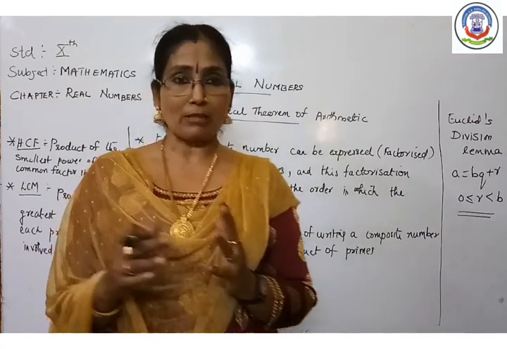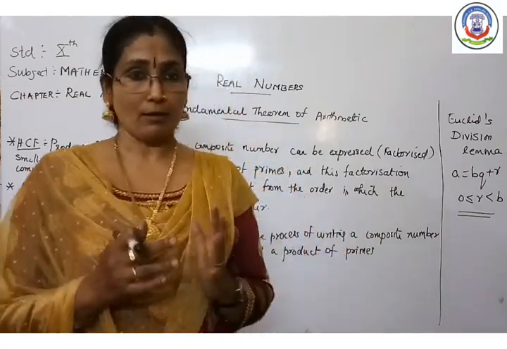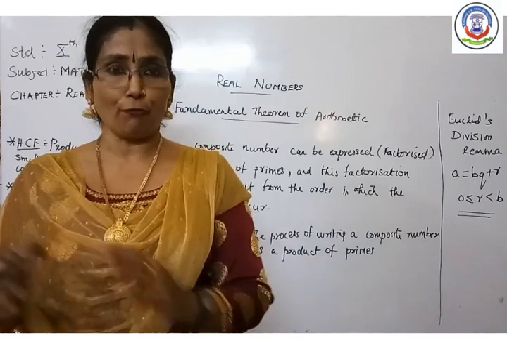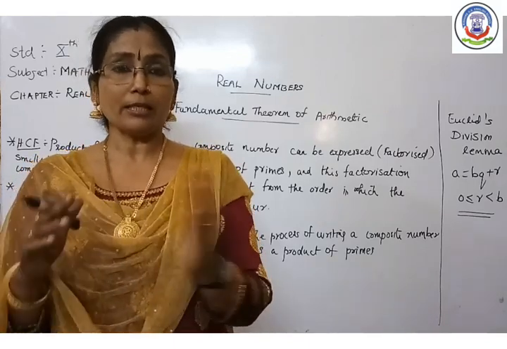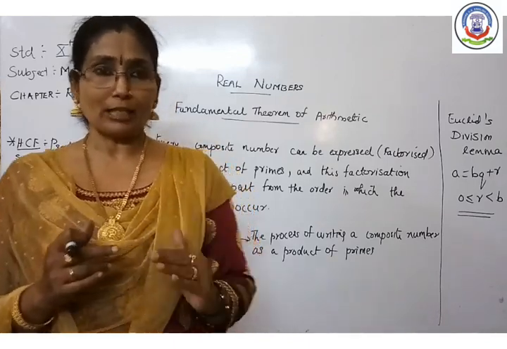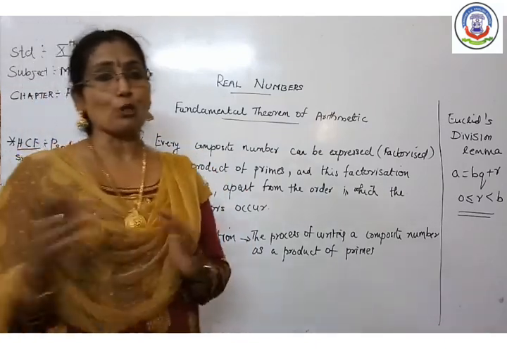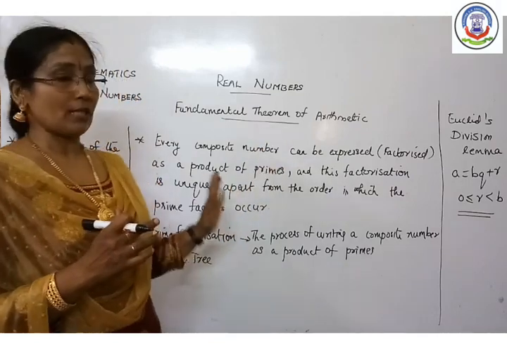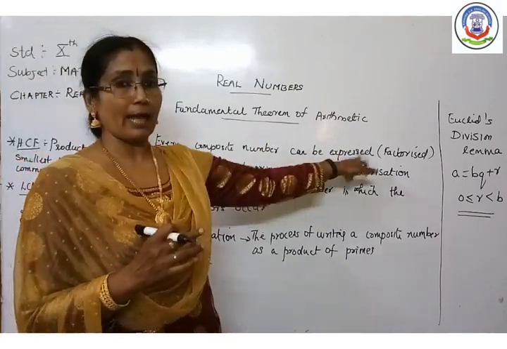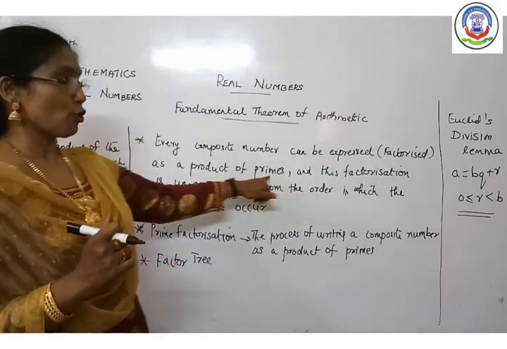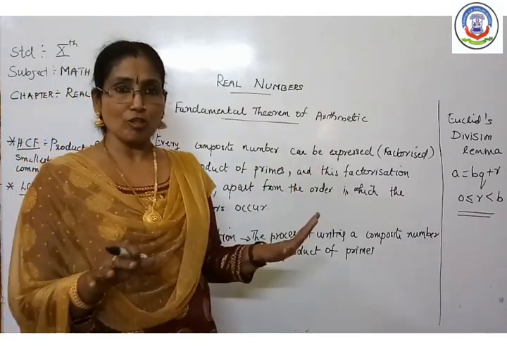For example, 10 you can write as 2 into 5. 2 and 5 are both prime numbers. So you can factorize every composite number as a product of prime numbers, and this factorization is unique.